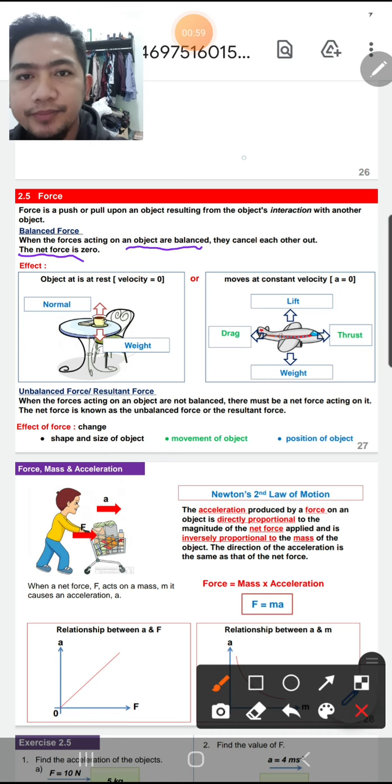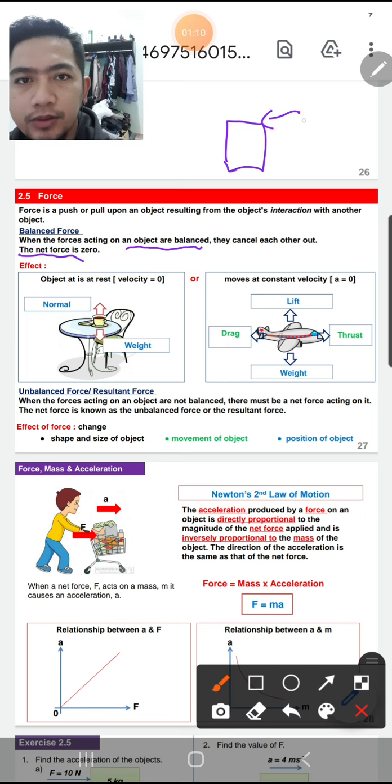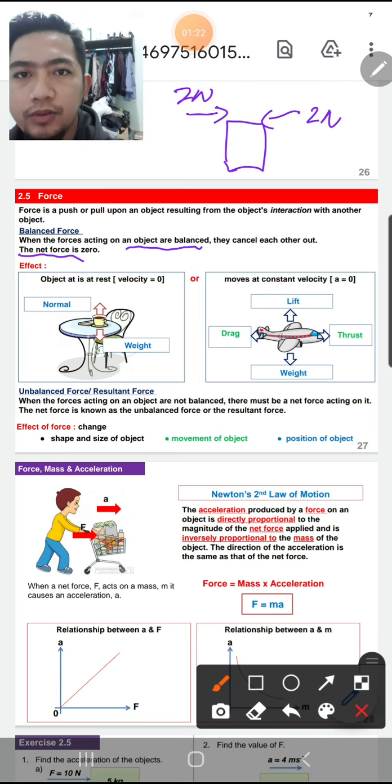Alright, let's say this is a box, right? When you push this box, you use a 2 Newton force to the left, and then another person pushes this box to the right with 2 Newton force.